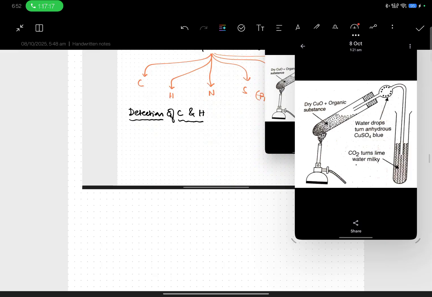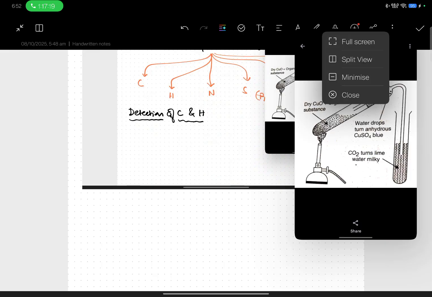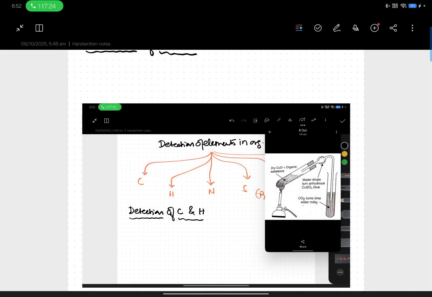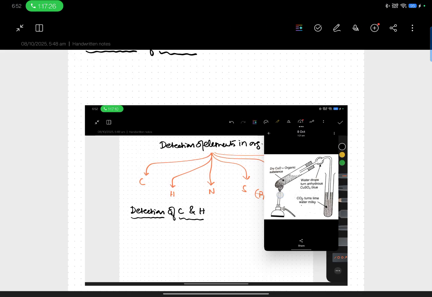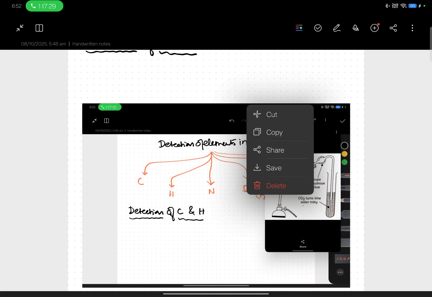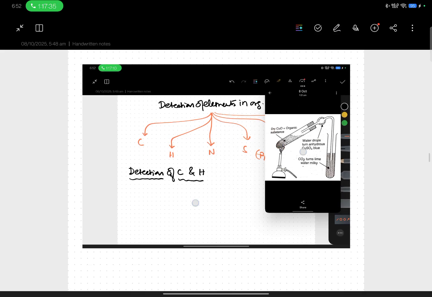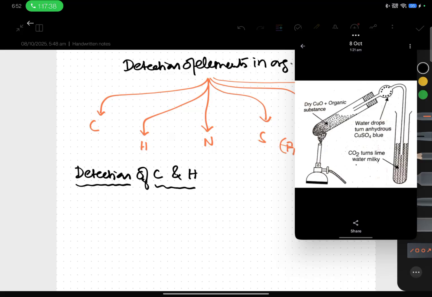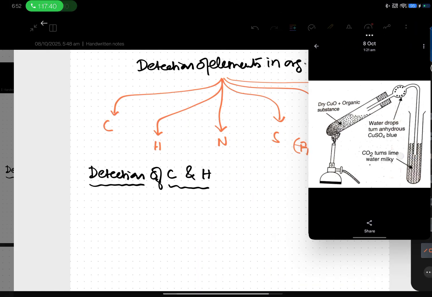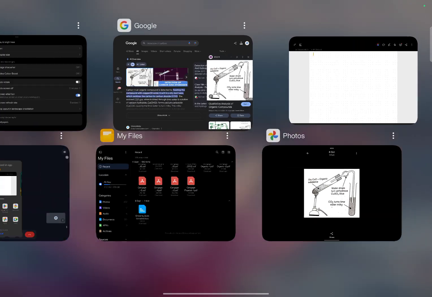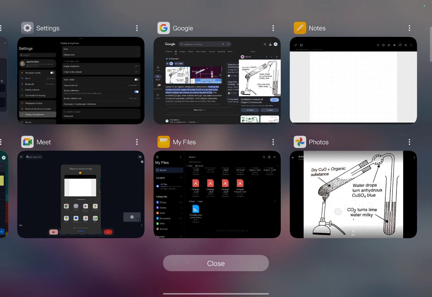So can you see a molecule here? Can you see the picture here? Yes, sir. Just a moment, I will try to copy the picture and paste it.